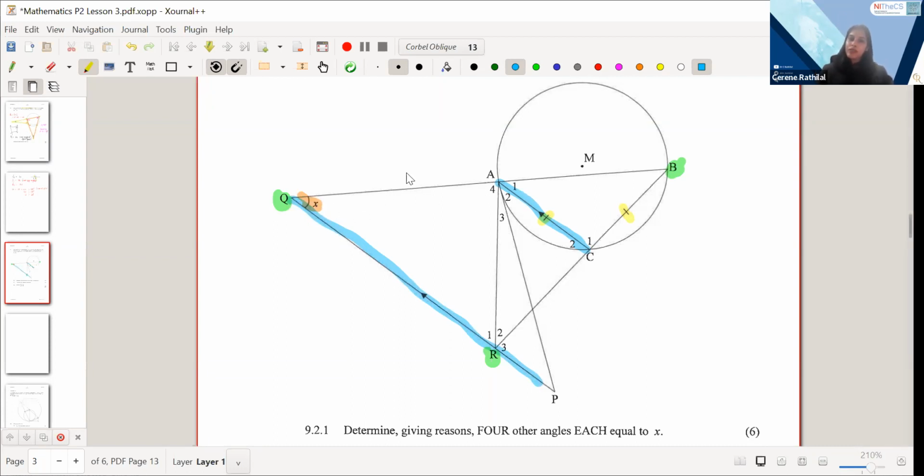So do you remember corresponding angles? So we see, yes, perfect. Someone said it in the chat box, A1 equals X. So let's write that down because of corresponding angles. A1 equals X. I'll highlight it here above. A1 equals X because we had that AC was parallel to QR, and they are corresponding angles.